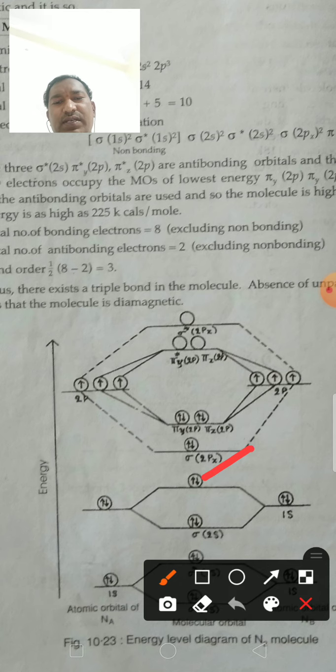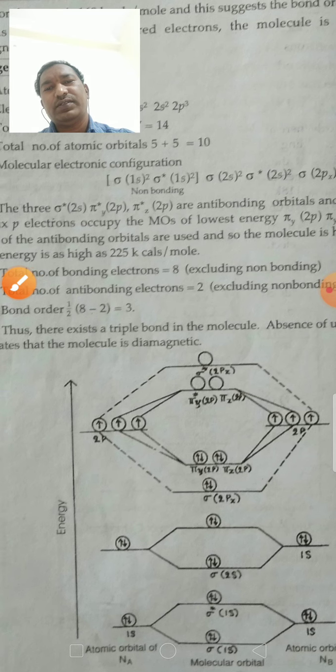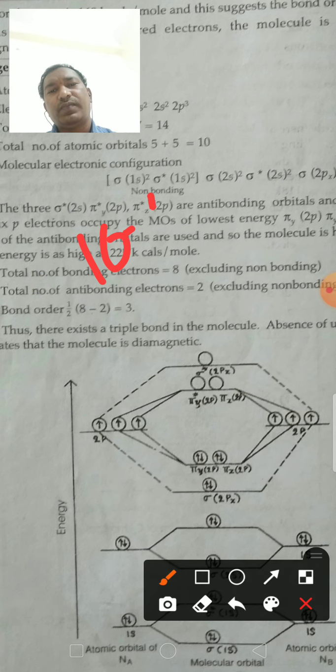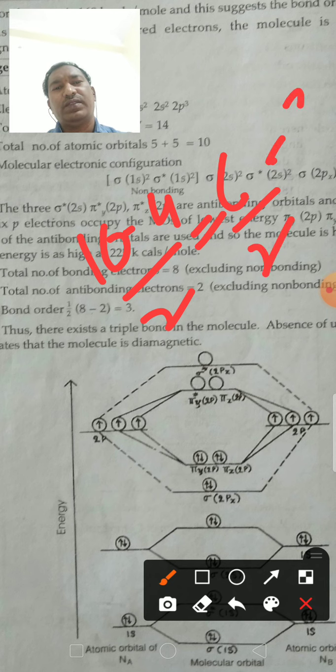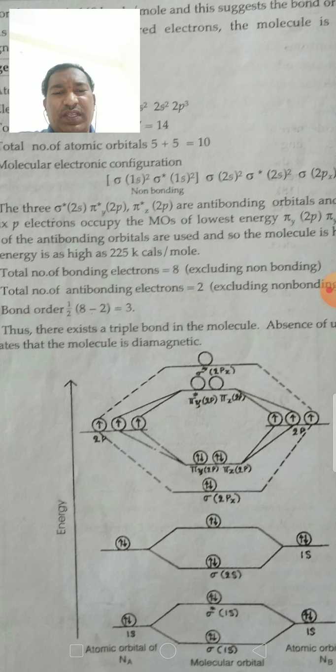So this is 2 electrons, this is 2 electrons, total 4 electrons. So 10 minus 4 by 2, that means 6 by 2, 6 by 2 means 3. So the bond order in the nitrogen molecule is 3.